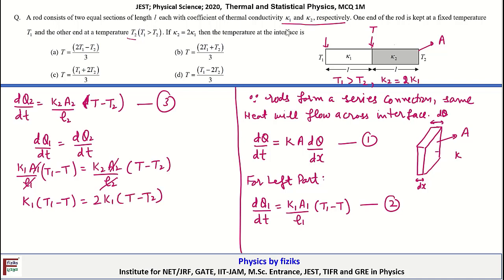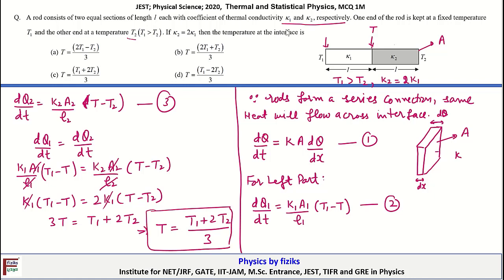After doing the calculation, we will notice that T1 minus T is equal to twice T minus twice T2, and upon solving, this will give you 3T equal to T1 plus 2T2, giving the temperature at the interface as T1 plus 2T2 divided by 3. So our final answer is (T1 + 2T2)/3. Therefore option C is the correct one here.